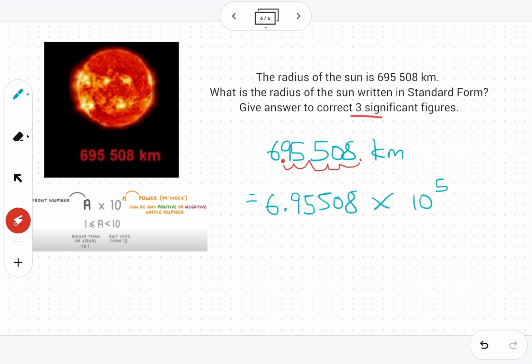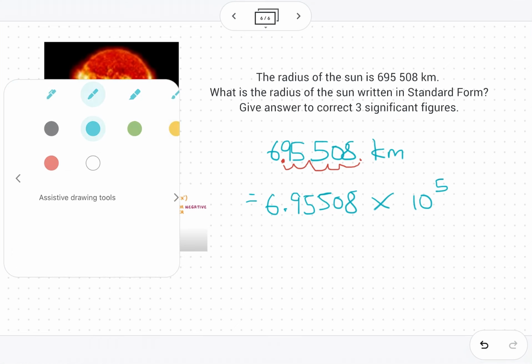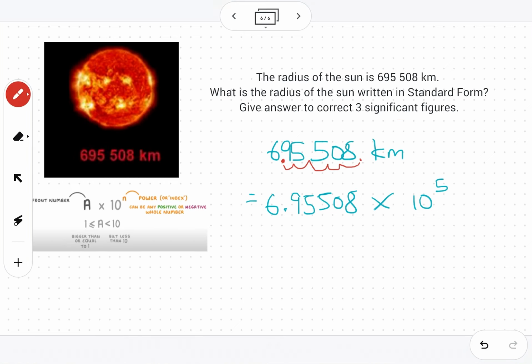Don't forget the condition, 3 significant figures. So we count from the left, 1, 2, 3. Cut here. And then you check. Oh, this is 5, so it means this one must be plus 1.